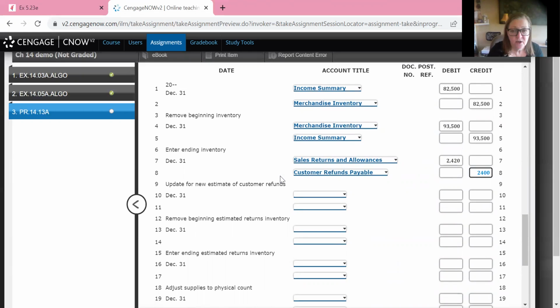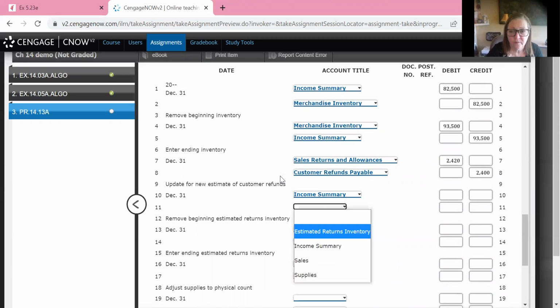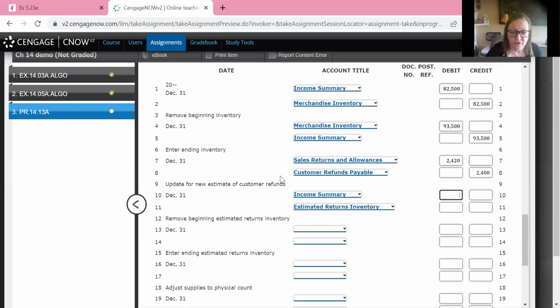So the next thing they did was debit income summary and credit estimated returns inventory, for 3520.